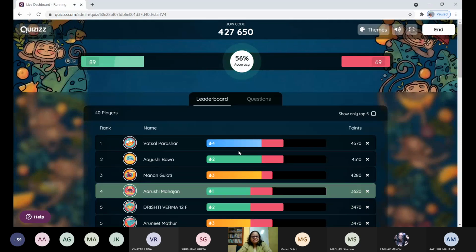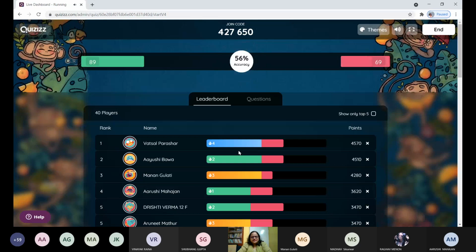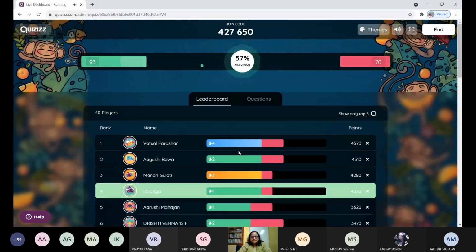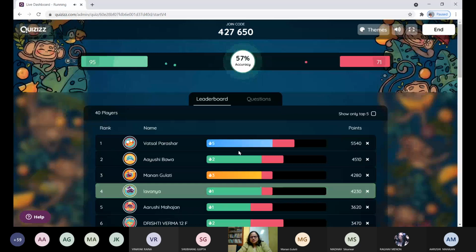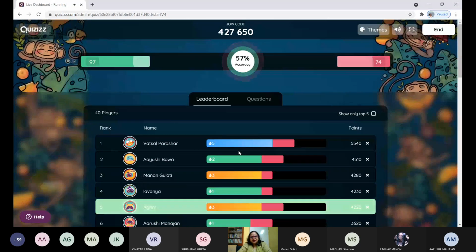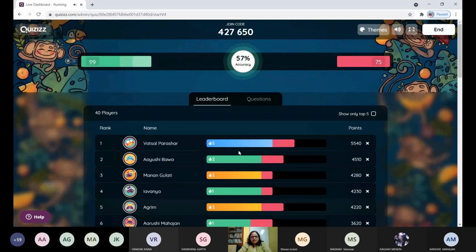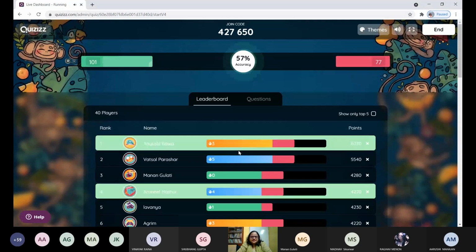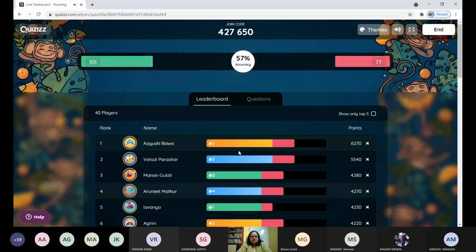Very good, Drishti. Vatsal, Ayushi, Manan. Good job, Manan. Lavanya, very good. Agril. Arushi, Aruni.